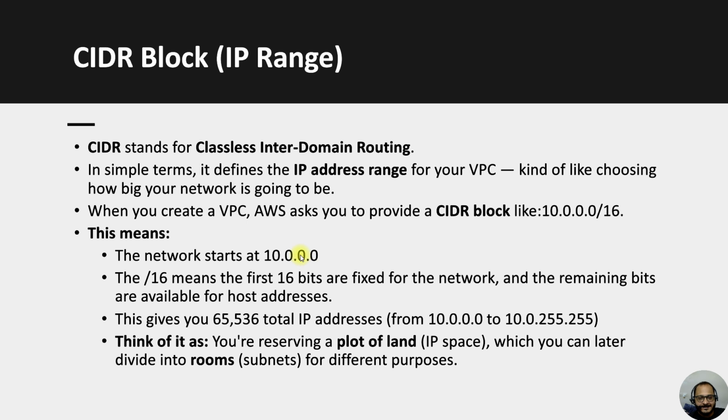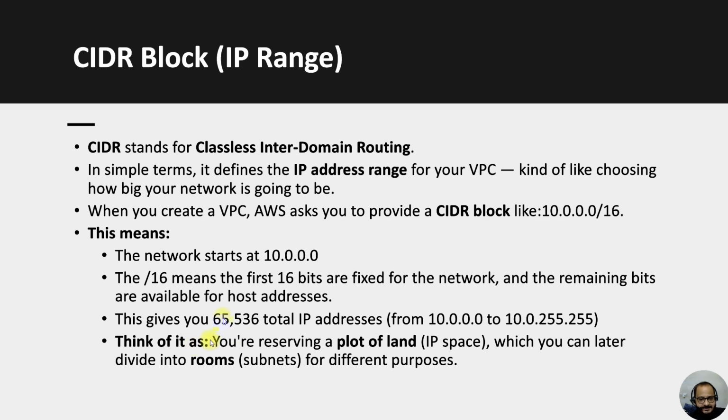Like that, the last two bytes will be changed, because these will be available for your EC2 instances or other resources which we are going to provision, and the initial two bytes will be fixed. So if you are using /16 notation, you get 65,536 total IP addresses.